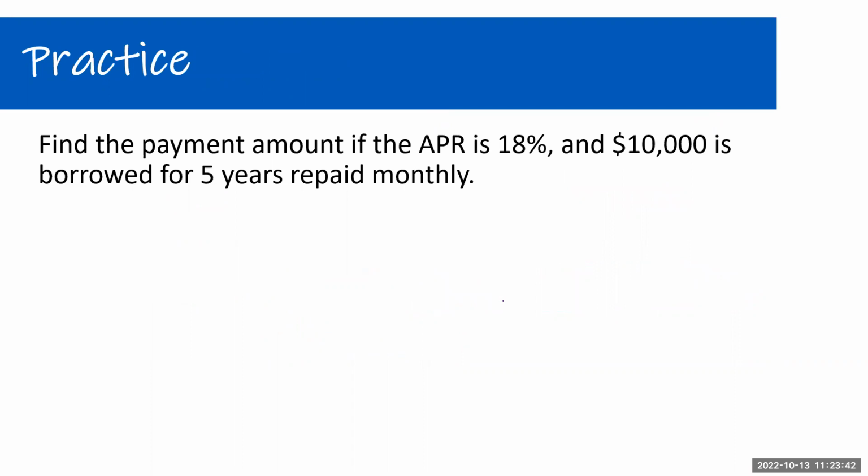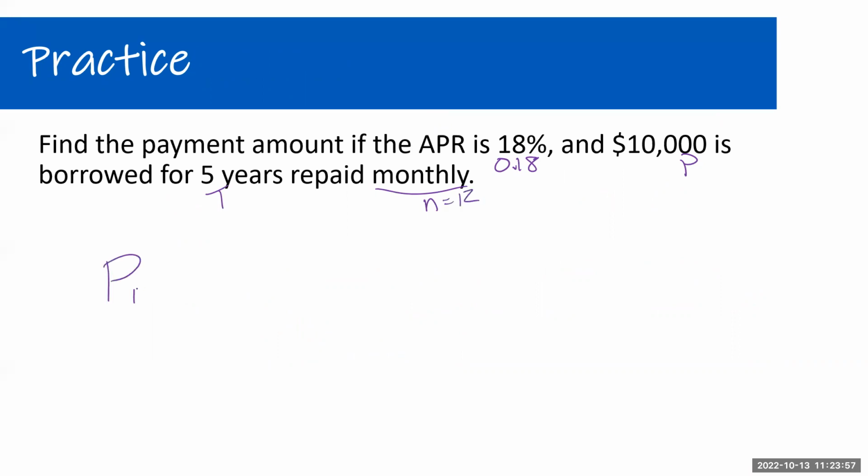We want to find the payment amount if the APR is 18%, so 0.18, and $10,000 is borrowed, so that's P, for 5 years, that's T, and monthly is going to tell us N is going to be 12.